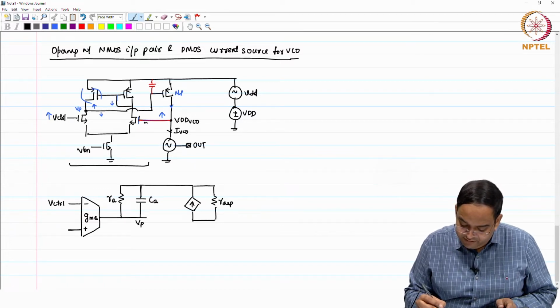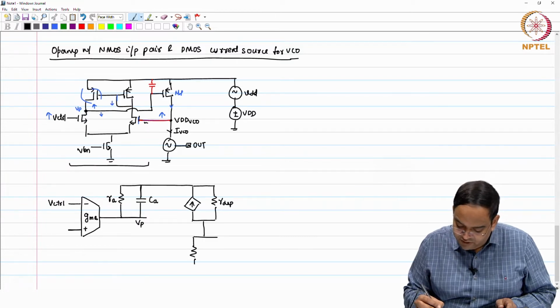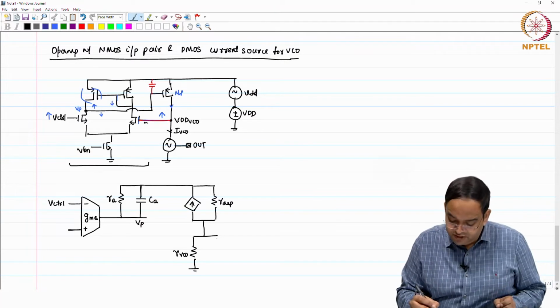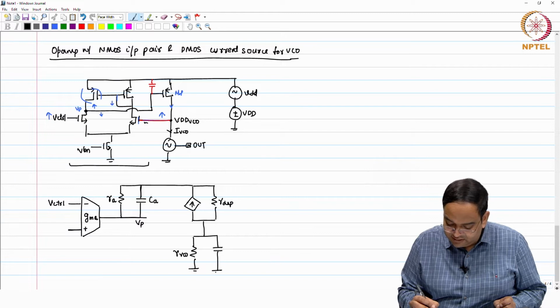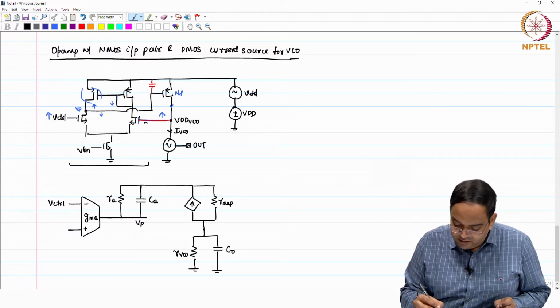The effective resistance of the VCO is R VCO, and normally you will see that there is a load capacitor at the supply of the VCO, which is normally the dominant cap. So, I will write this as CO. This node is a small VDD VCO. We are looking at small signal analysis.